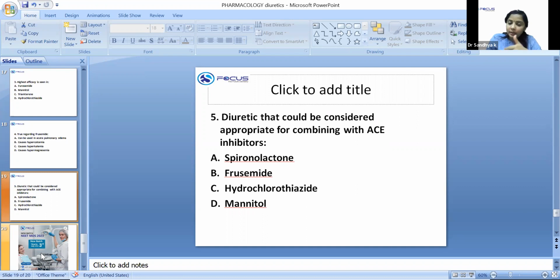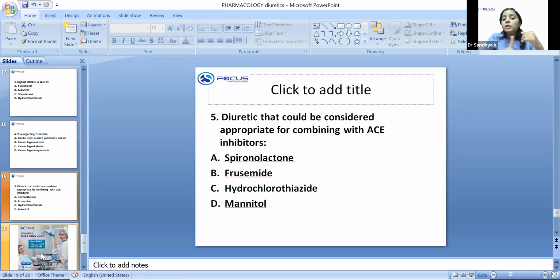Whereas with hydrochlorothiazide, the medium efficacy one, the efficacy is a little bit less, but the duration of action is around 6 to 12 hours, which means we get that diuretic action for more time. That is why for regular therapy, to combine with antihypertensive drugs, thiazide is given instead of Frucide.